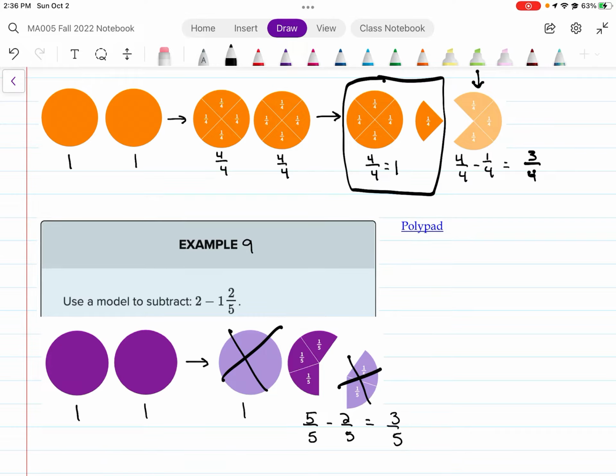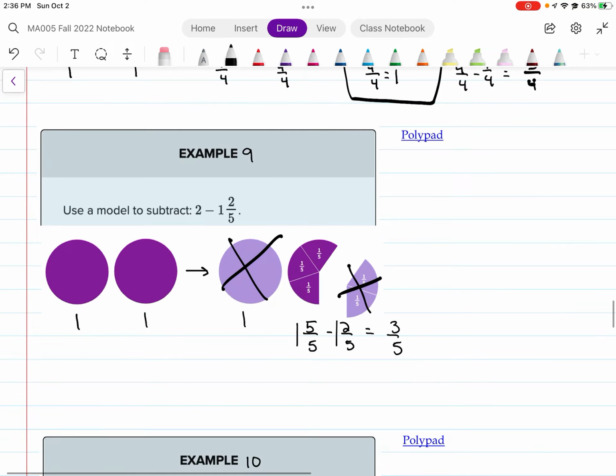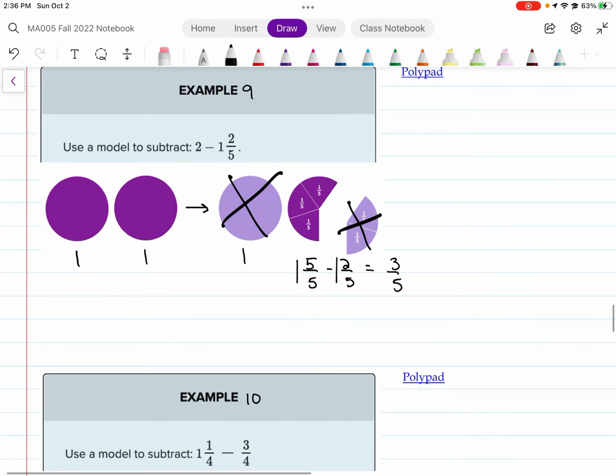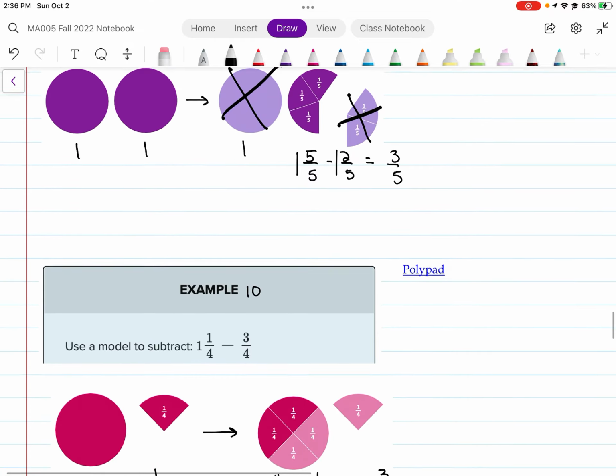So notice we had to say, let's see, 1 and 5/5 minus 1 and 2/5. So it's kind of complicated, but anyway, I forgot the 1s there. So we end up with 3/5. So it's more straightforward to subtract improper fractions. It's just more straightforward. But let's use a model one more time.